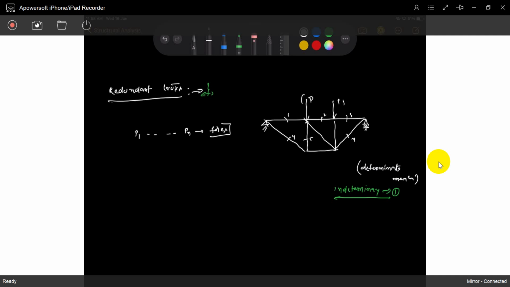P1 is altered, P2 is altered, because P1, P2 we calculated without the redundant. If the redundant member is there, every force is altered. How much altered? We don't know.